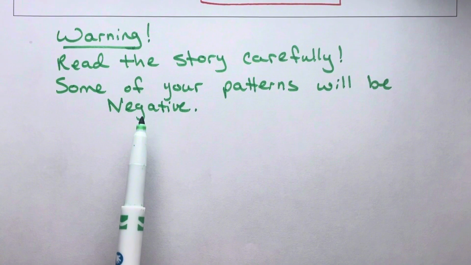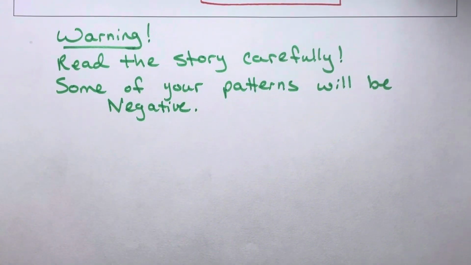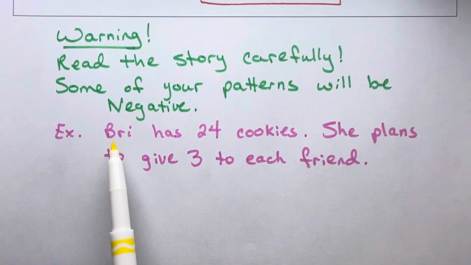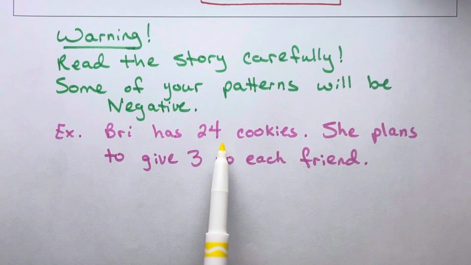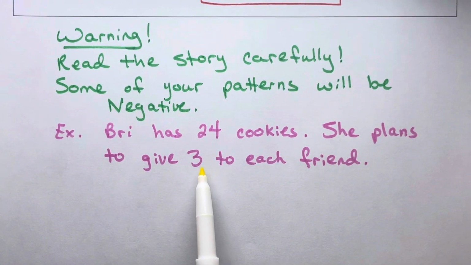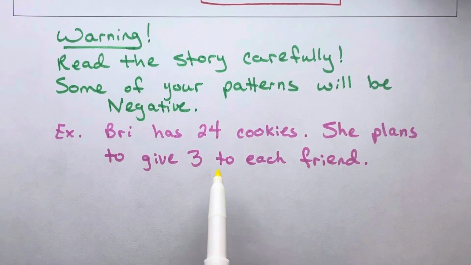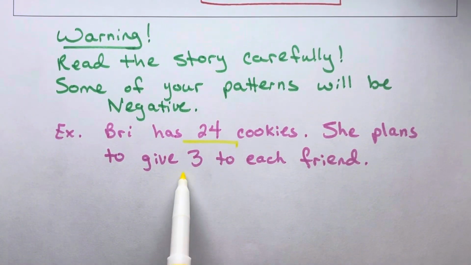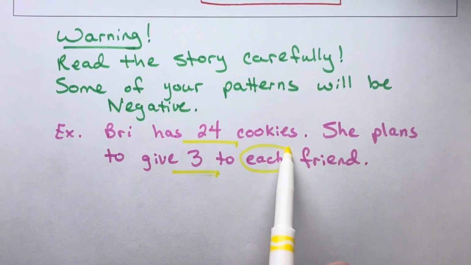So I've created a 6th and final problem for us to look at to show what a negative pattern might be. Example. So Bree has 24 cookies and she plans to give 3 cookies to each friend. 3 of them to each friend. What's happening here? So we know that our numbers are 24 and 3. Great. And we know that our hint word is each.